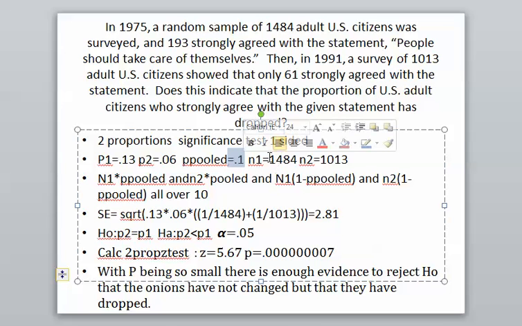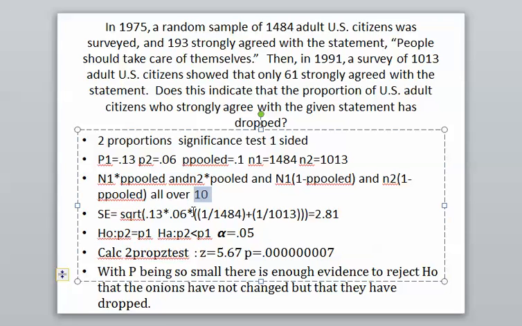And my N for sample 1, my number for sample 2. N1 times the pooled proportion and N2 times the pooled proportion, and N1 times 1 minus the pooled proportion, and N2 times 1 minus the pooled proportion are all over 10.